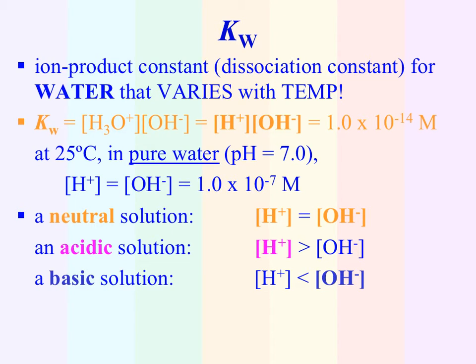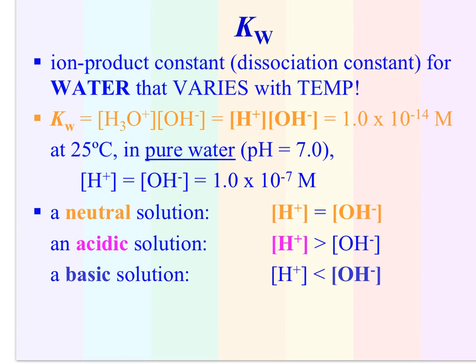At 25 degrees C in pure water, the Kw value is equal to 1.0 times 10 to the negative 14. So when you have a pH equal to 7 at 25 degrees C, we know that the concentrations of H3O plus, or H plus, and OH minus are each 1.0 times 10 to the negative 7 molar, respectively.